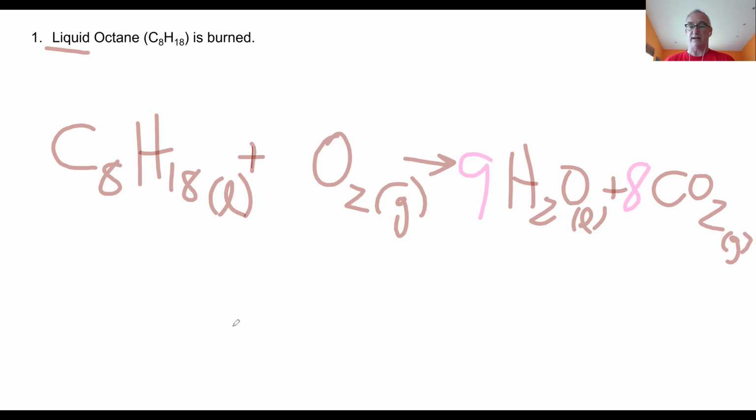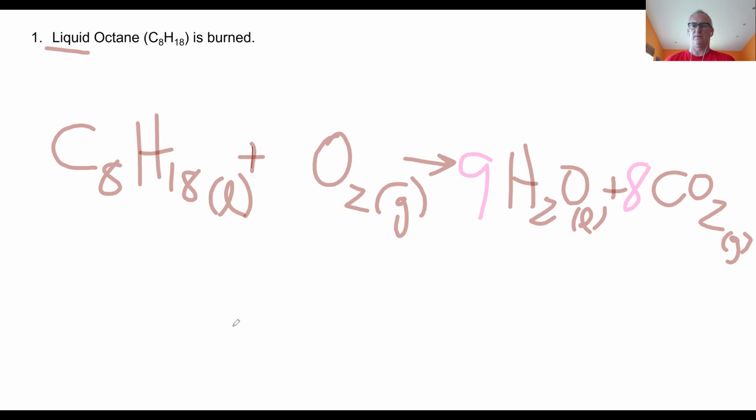So let's count the number of oxygens we have on the right. What's the total of oxygens on the right side of the equation in our products? 25. Where do you get that number from? 9 plus 8 times 2.